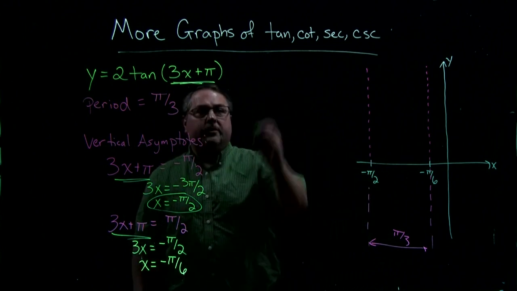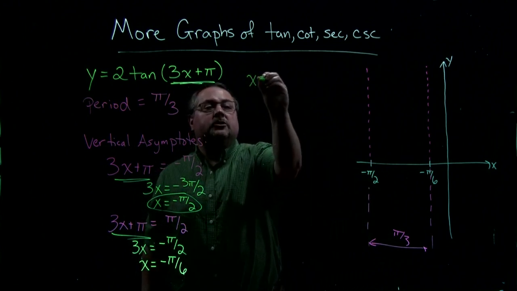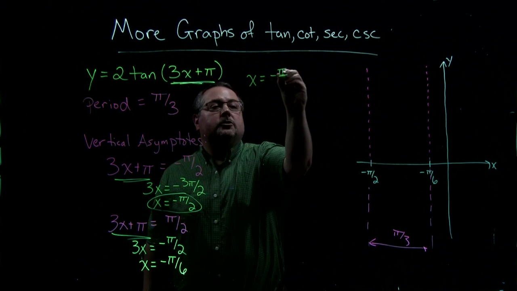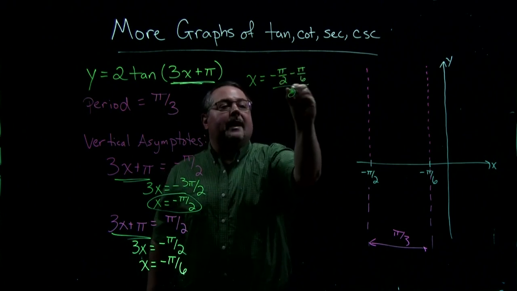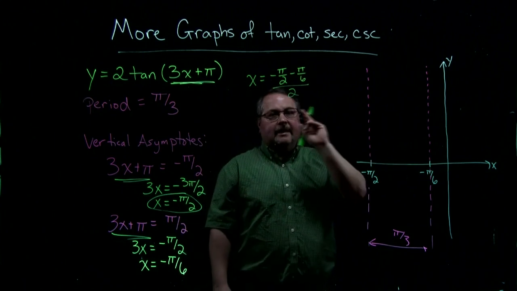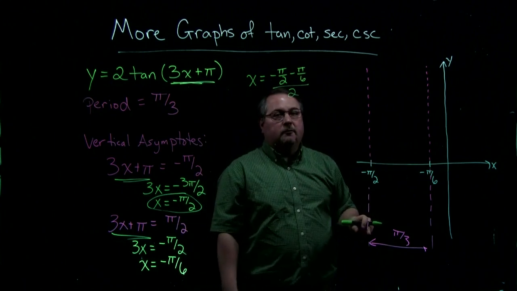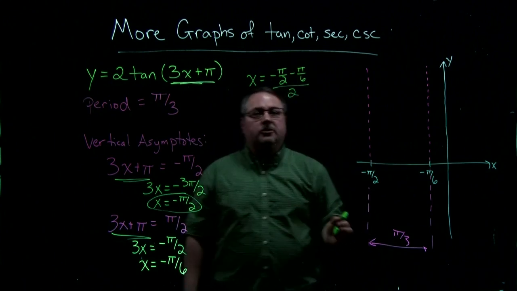What we can do is take the average of negative pi over 2 and negative pi over 6. We do that by adding them together and dividing by 2.